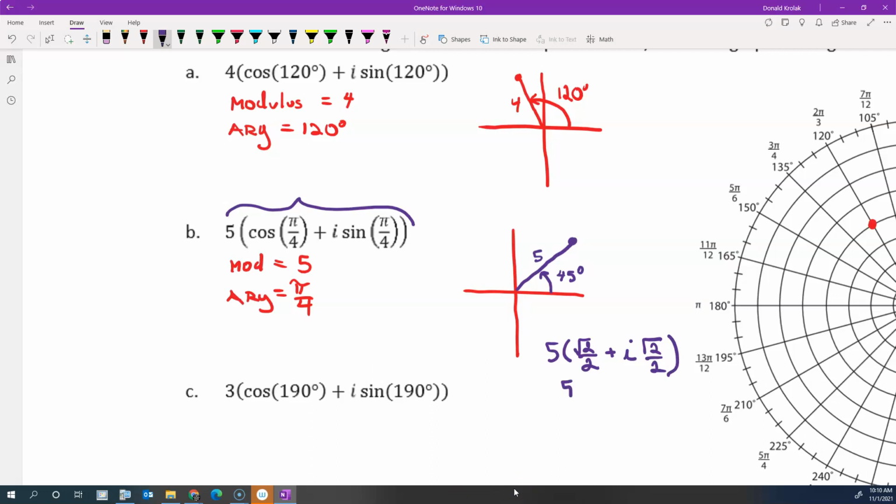If I multiplied that out, it would be 5 root 2 over 2 plus 5 root 2 over 2 I.